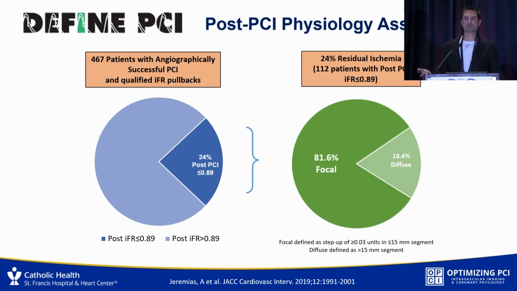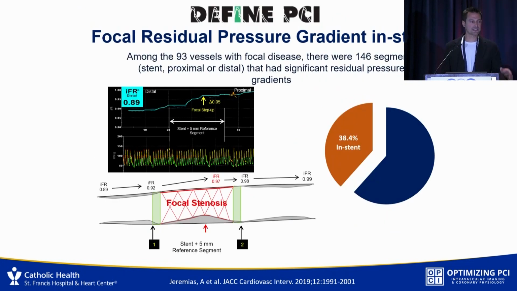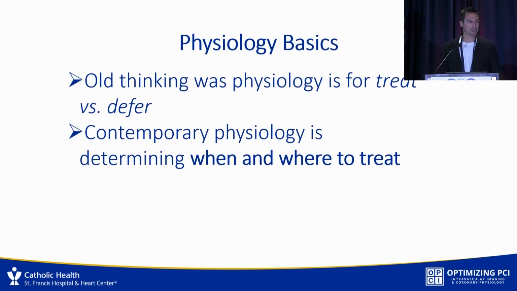And when you looked at those patients, 80% of the time it was a focal step-up, meaning that it was something we could address with something as simple as post-dilatation. If the ischemia was within the stent, you post-dilate, you can treat that ischemia before a patient leaves the cath lab. So very important to do post-PCI physiology.